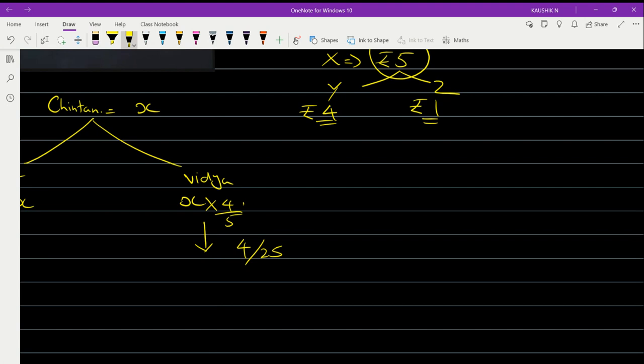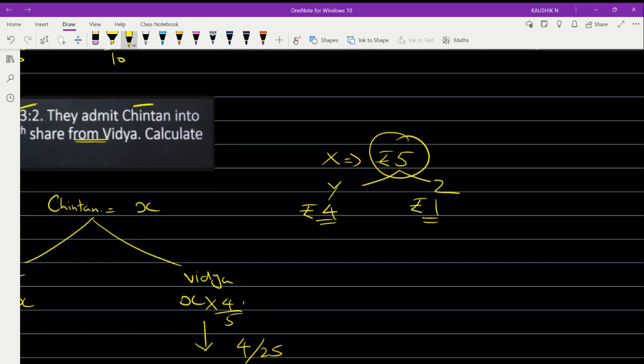Or let me put it the other way. Here, this is 4 rupees offered by Y and this 1 rupee is offered by Z. Now, this 5 rupees requirement will be my 100 percent value, right?